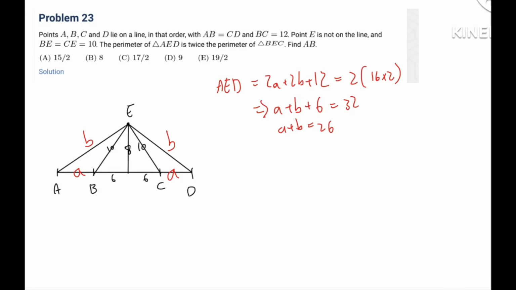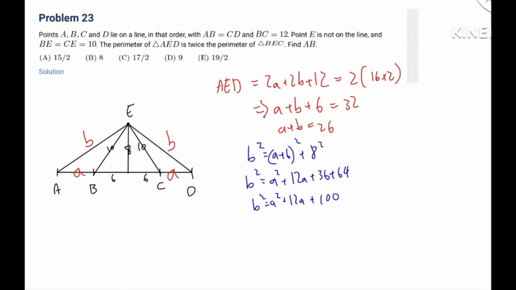And so if you find AB, first we have got that A plus B is 26, and then using the Pythagorean theorem on this one, B squared equals A plus 6 squared plus 8 squared, so B squared equals A squared plus 12A plus 36 plus 64. So B squared equals A squared plus 12A plus 100.